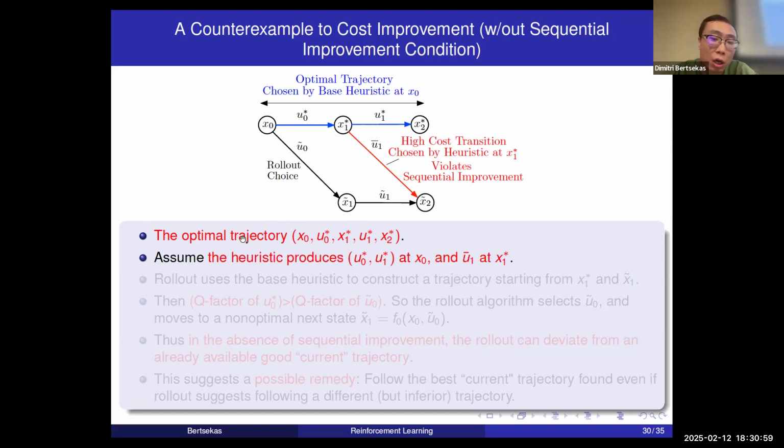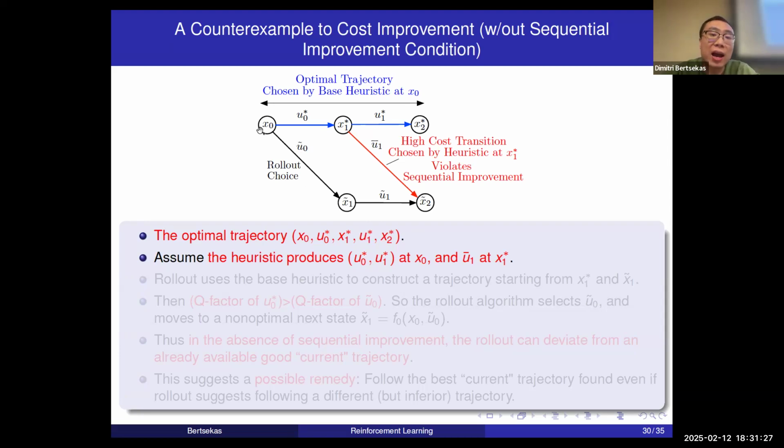And assume that instead of being sequentially consistent, it's not sequentially consistent, in the sense that even though starting from x0 the base heuristic produced this path, when starting from here, the base heuristic selects u1 bar rather than u1 star. Again, nothing stops us from doing so.